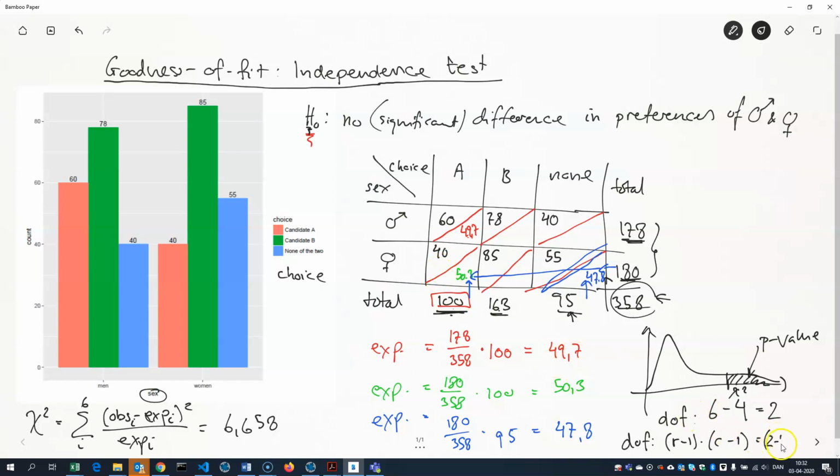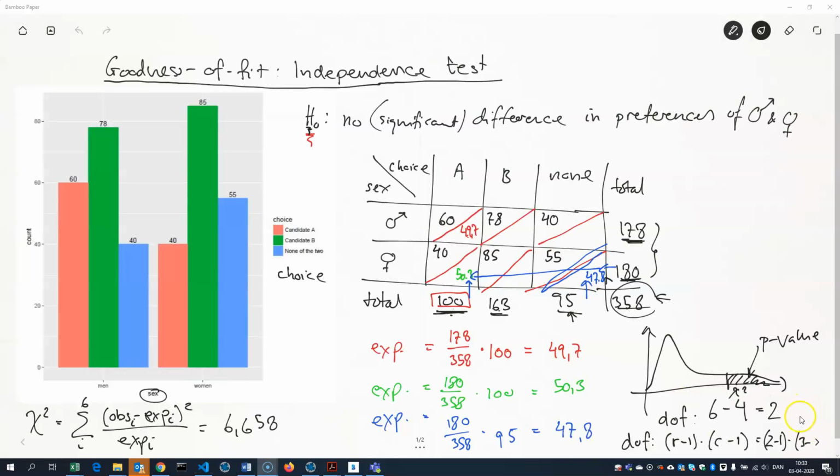So 2 minus 1 times the number of columns of data, 1, 2, 3. We have 3. So that would be 3 minus 1. So altogether, 1 multiplied by 2, that gives us 2 degrees of freedom. So remember this formula here.